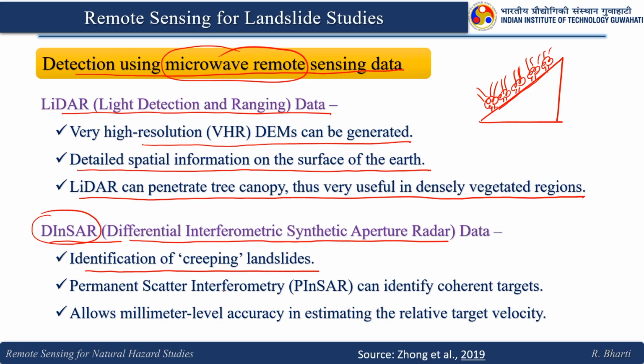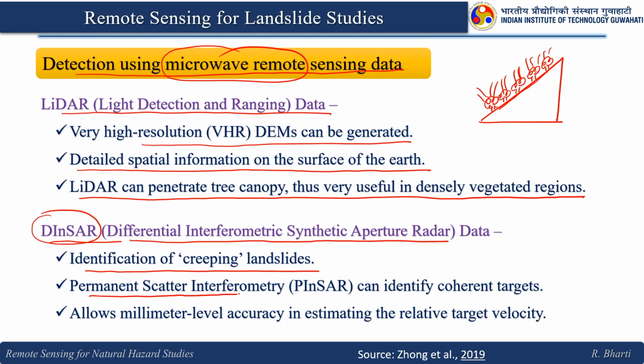Here, you will have continuous measurements at a time interval of the same area, and that will be used to generate the phase information. That phase information will be useful in identifying the velocity or the changes in the area, at the millimeter level of scale.